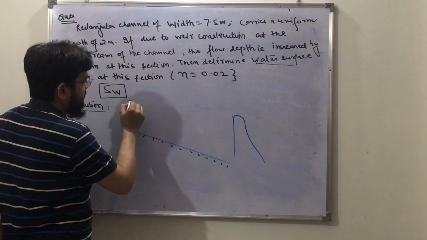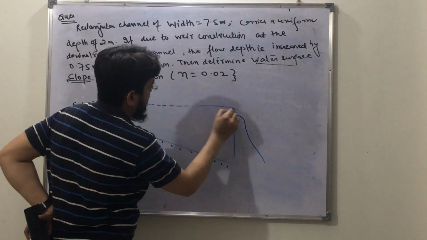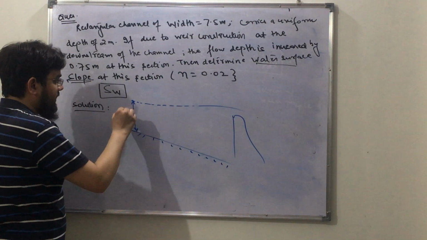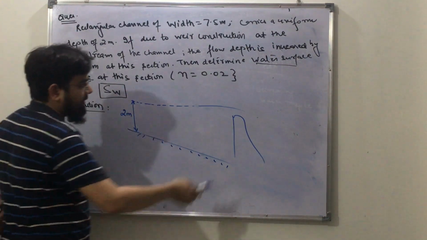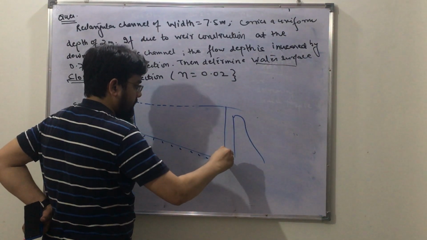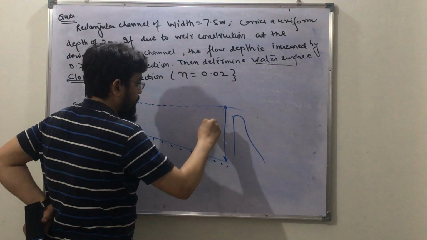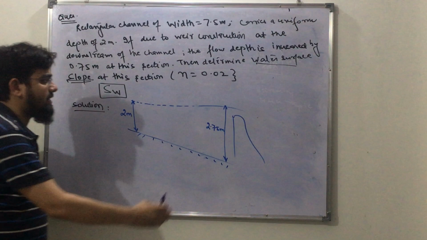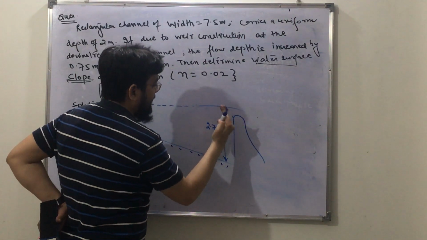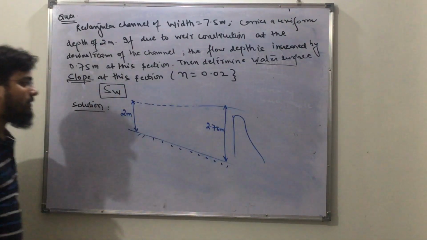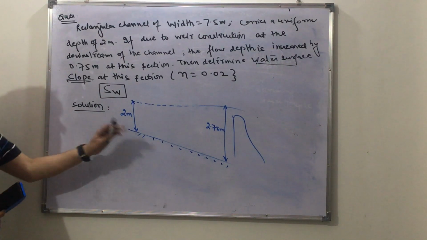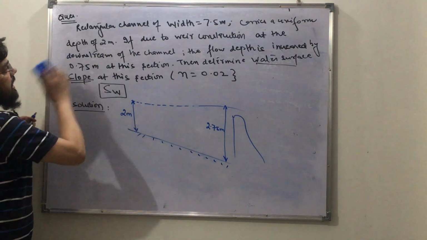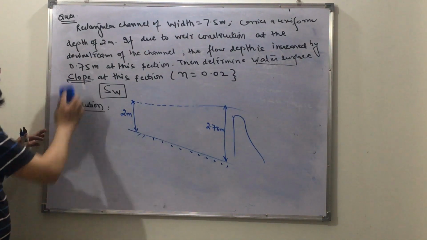So earlier it was having a uniform flow of 2 meter, but due to weir construction the flow depth has increased to 2.75 meter. This is the question, and it is asking what is the water surface profile value, the SW value, at this section where we have constructed a weir. So this is the problem. We will see how to solve it. Okay, I am rubbing the data so that I can occupy the board.